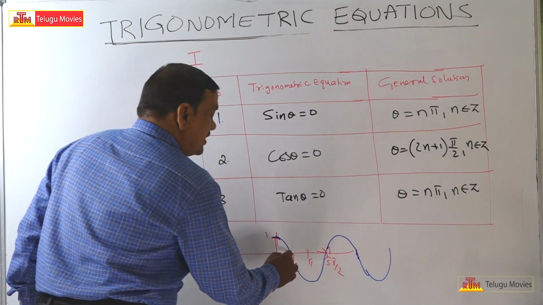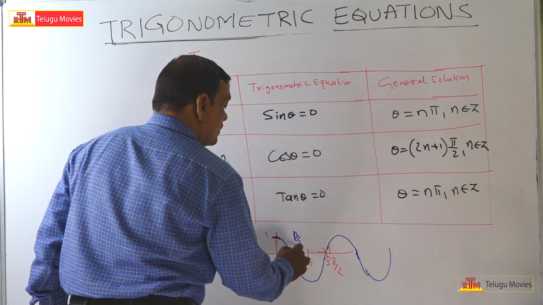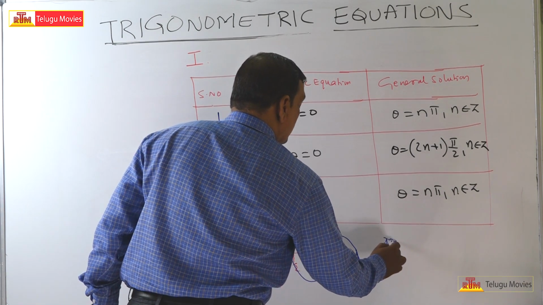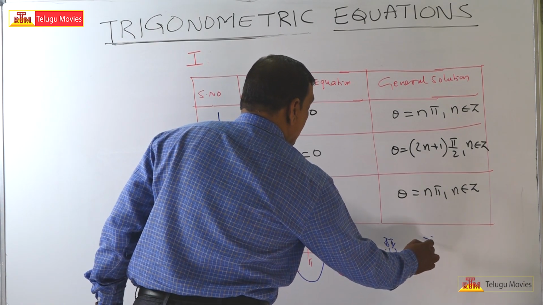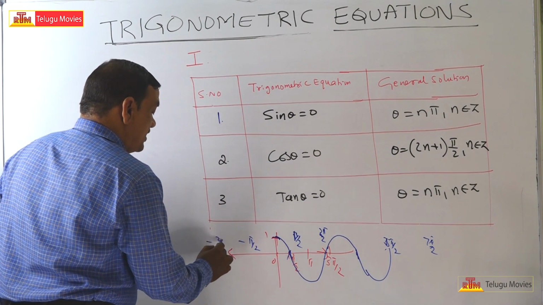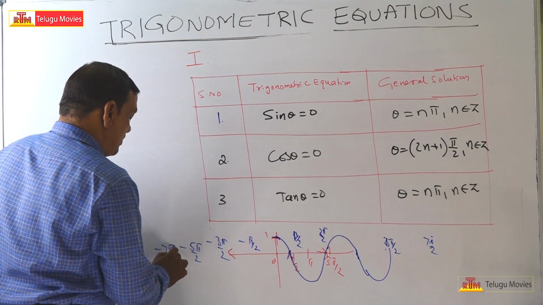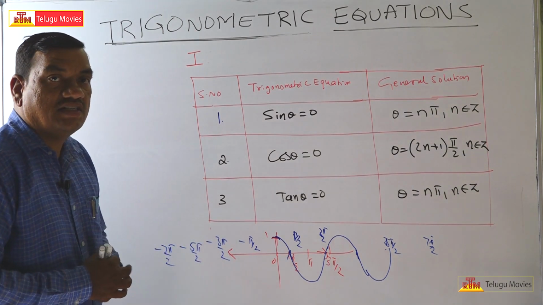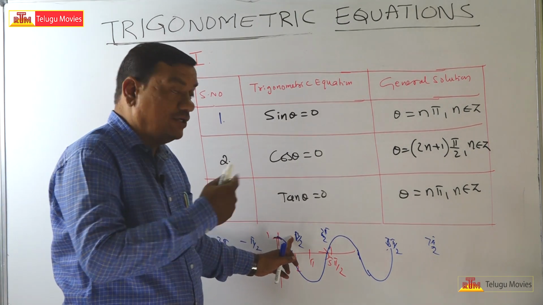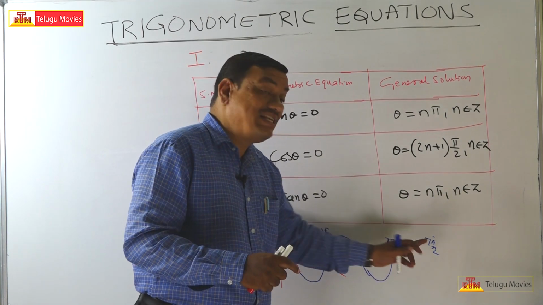It intersects the x-axis at pi by 2, 3 pi by 2, 5 pi by 2, 7 pi by 2. On this side, minus pi by 2, minus 3 pi by 2, minus 5 pi by 2, minus 7 pi by 2. Understand this? So these are the odd multiples of pi by 2.